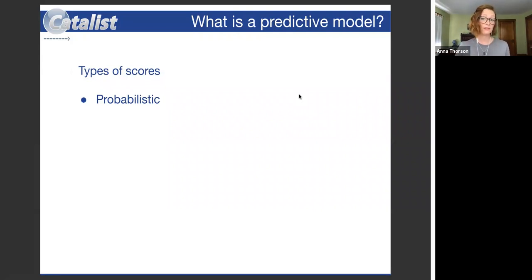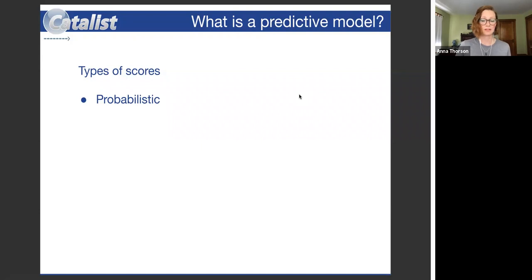So with the example of vote choice index, if I have a score of 80 on a scale of 0 to 100, that 80 has real meaning. If I had 100 people who all had scores of 80 like me, you would expect 80 of us to actually vote for the Democrat and 20 of us to vote for the Republican, because it's that real probability.